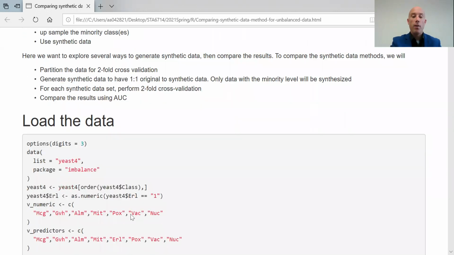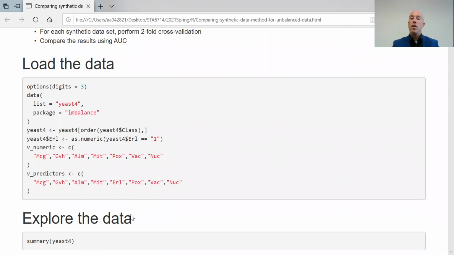Okay, so let's go ahead and load the data. Here we're going to use the yeast4 dataset from the imbalanced package within R. And our target variable is going to be class. Now for some visualizations, to make sure that class comes up, I went ahead and sorted the data by class. If this was a big data project and I wasn't going to be visualizing like I am in a moment, I would not perform this step.